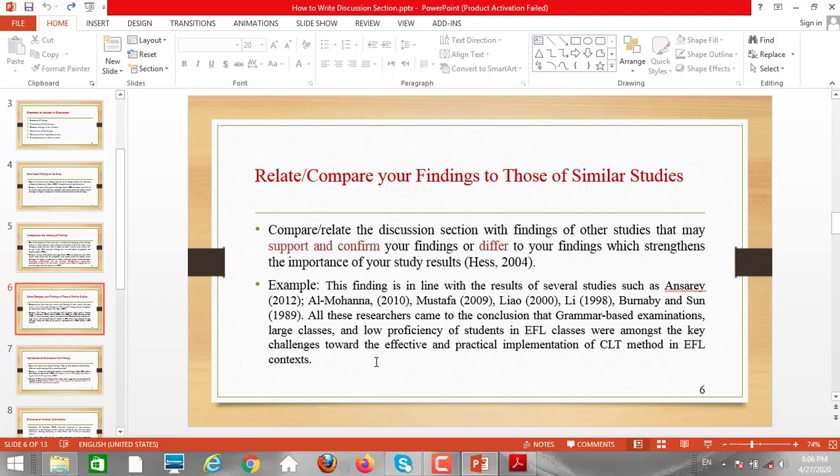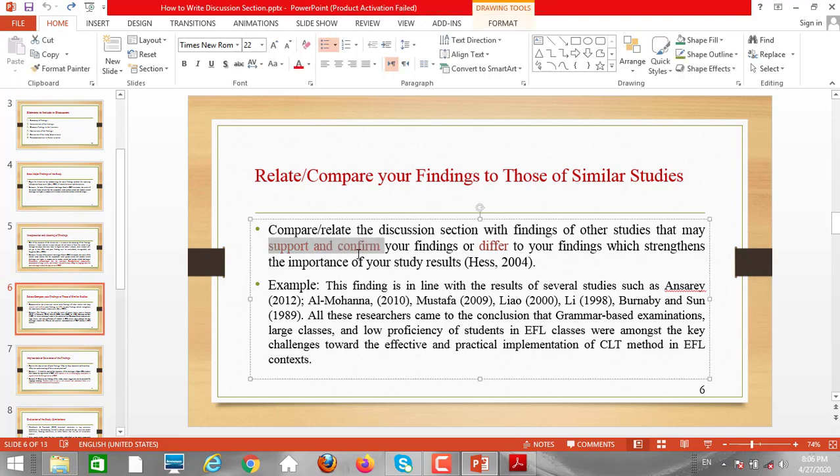Basically here, there are two important things. The first one, as you can see with the red color or the highlighted part, is to support or confirm, and also your findings may be different from those of other findings.